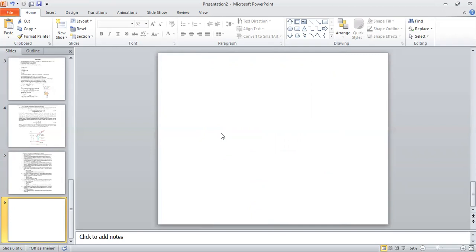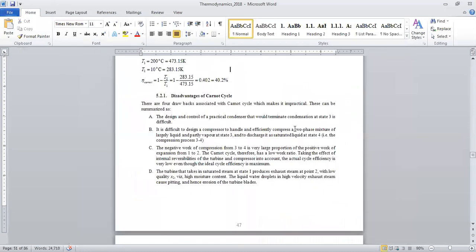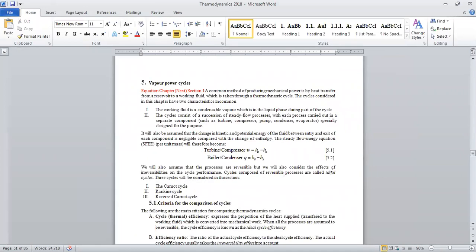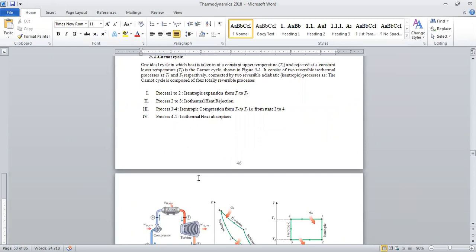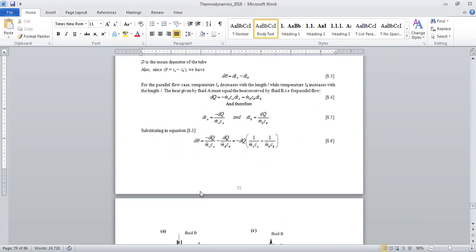And here you can say further, if I look into your notes, yes, if I look into your notes, so we have discussed vapor power cycle without referring to this, but the note itself, you can see vapor power cycles, Carnot cycle, and the Rankine cycle.